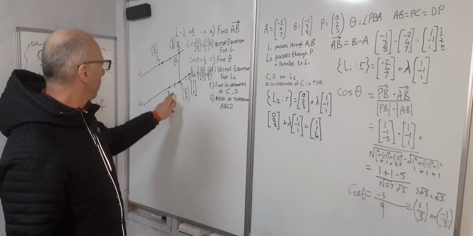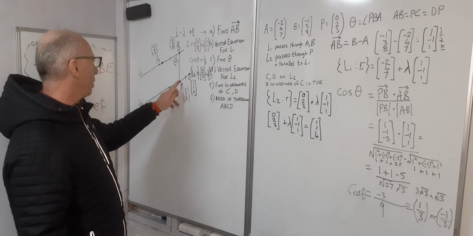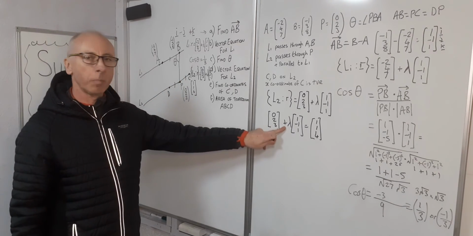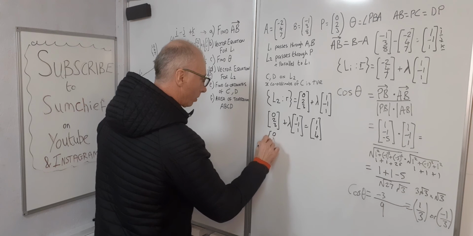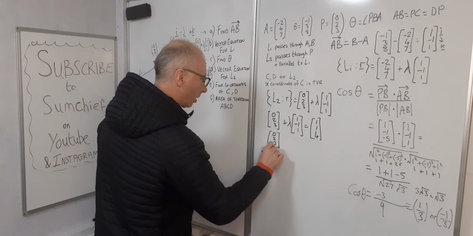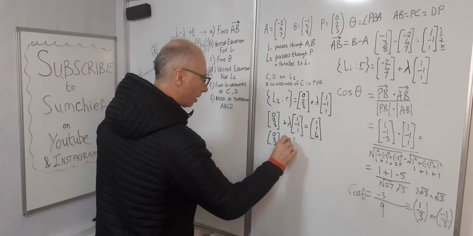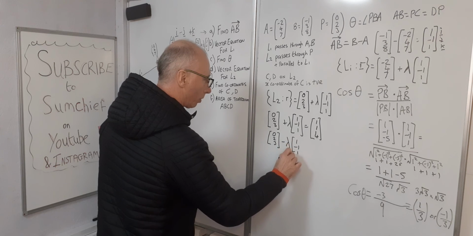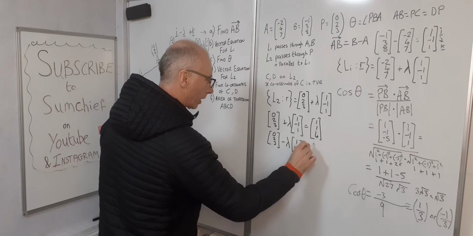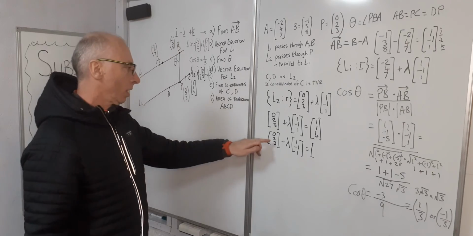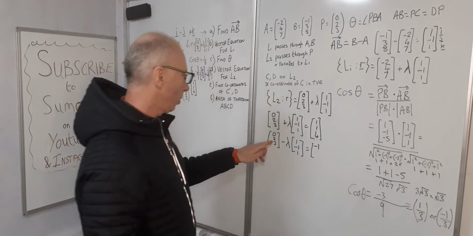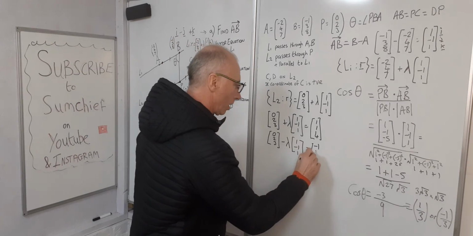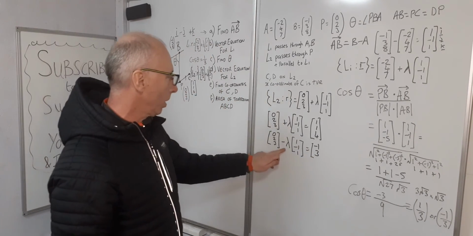And then D, which is going down the other way, so instead of the positive we put the negative. So we get 0, 2, 3 minus lambda, 1, minus 1 and 1. That gives us 0 minus 1 is minus 1, 2 minus minus 1 is 3, 3 minus 1 is 2.